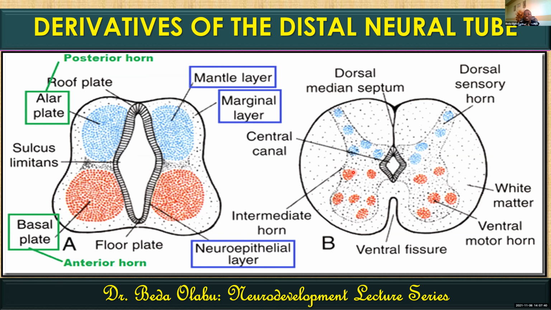We call them visceral motor. Of importance, visceral motor is the lateral horn, and somatic motor is the ventral horn. The alar plate, on the other hand, represents the sensory column. This is the one that receives sensory nerves entering it. And so in the spinal cord, the alar plate becomes the dorsal gray horn of the spinal cord.